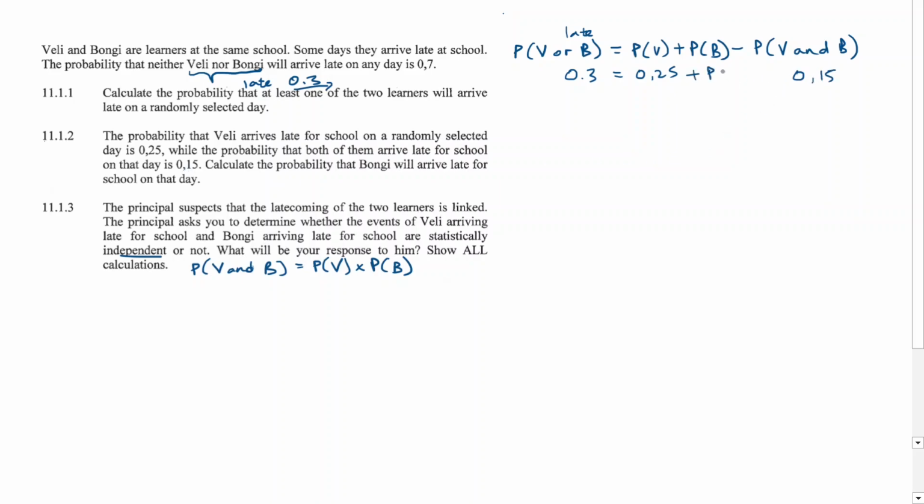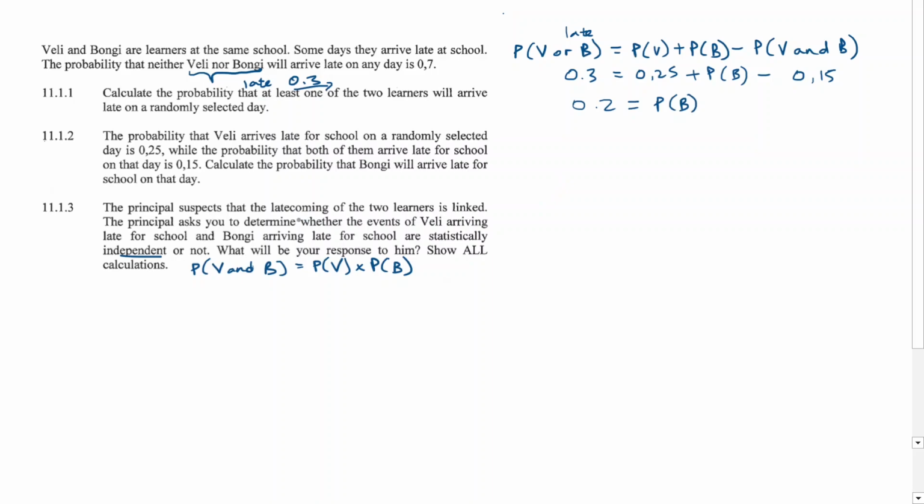And we've got to work out the probability that Bongi is going to be late. It just becomes a simple moving numbers across question. So 0.25 minus 0.15 is 0.1. And when I take that across, I end up with 0.2. And so the probability that Bongi is late is 0.2.